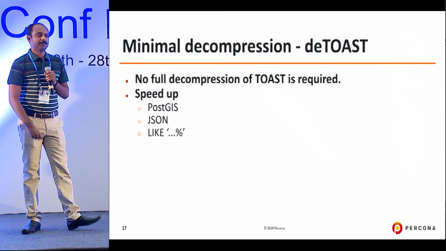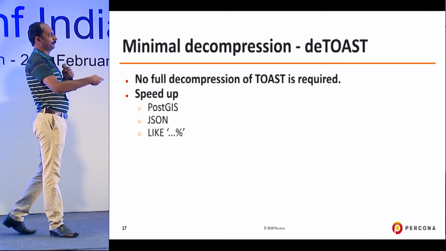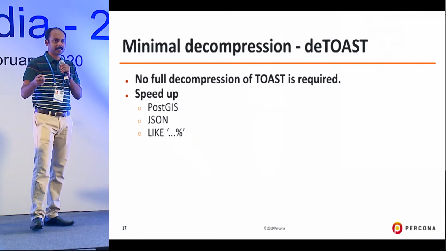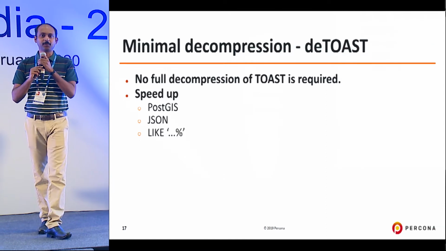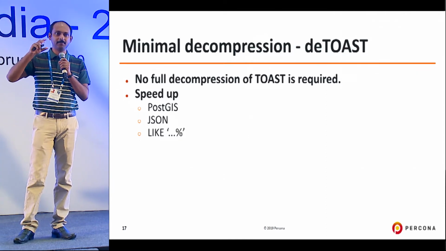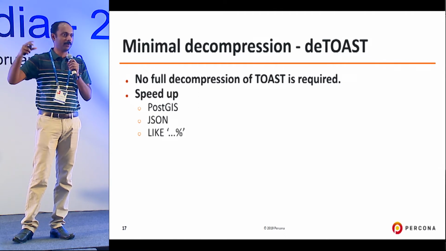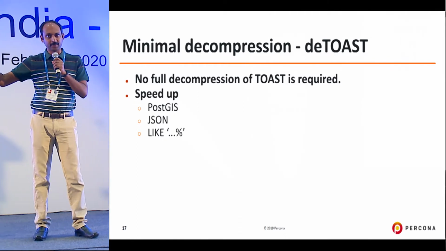And this is something really going to help you. You know the concept of toasting. Postgres stores the big data externally, just like say text or blob, as a separate storage.